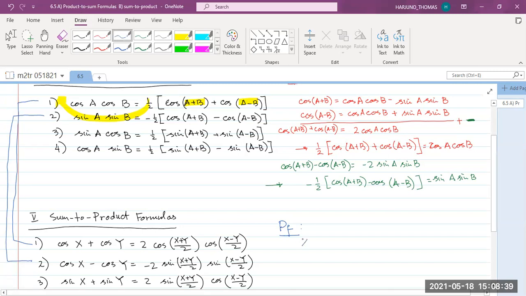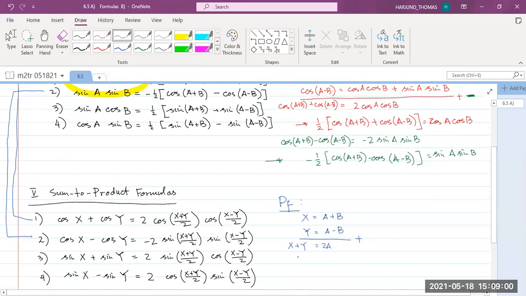Let x be a plus b and y be a minus b. So you see that we have this kind of thing again, right? When we add, we get x plus y equals 2a, so a equals x plus y over 2.